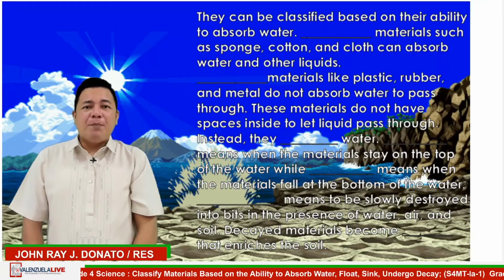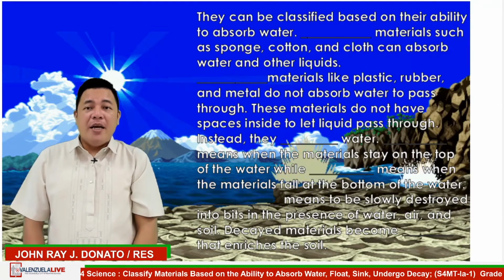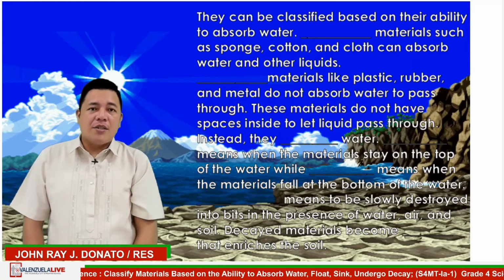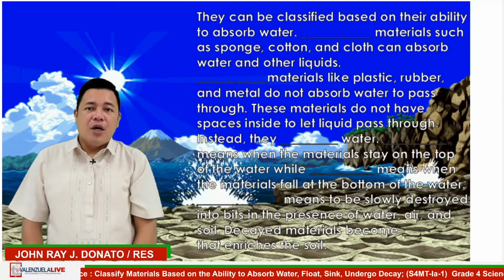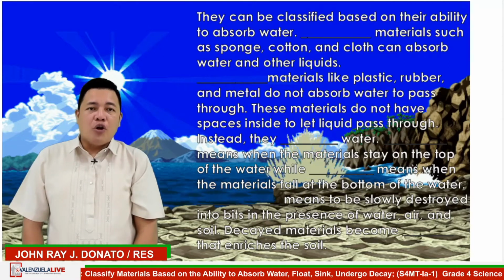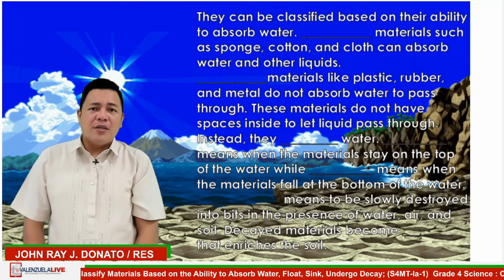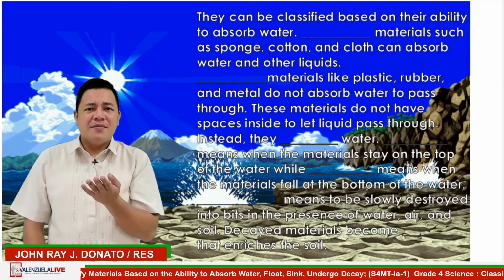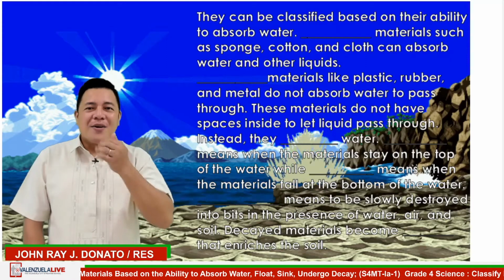They can be classified based on their ability to absorb water. Blank materials such as sponge, cotton, and cloth can absorb water and other liquids. What do you think is the answer? Correct.